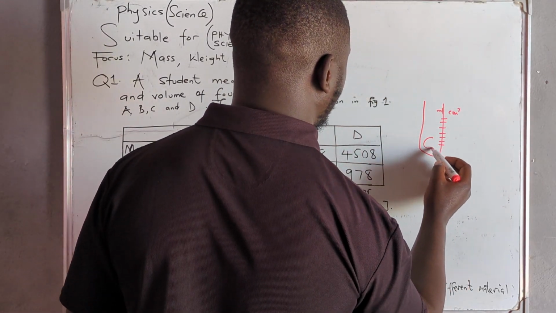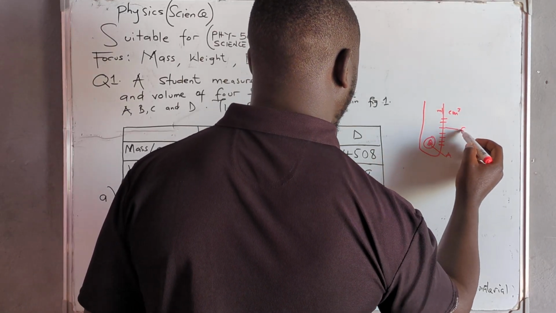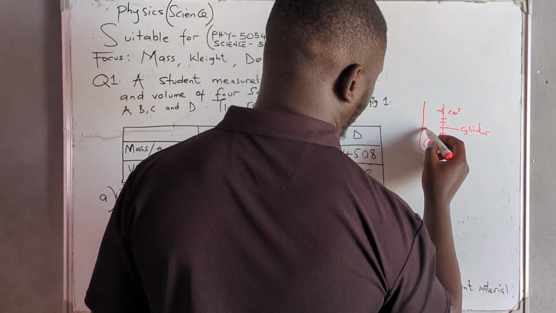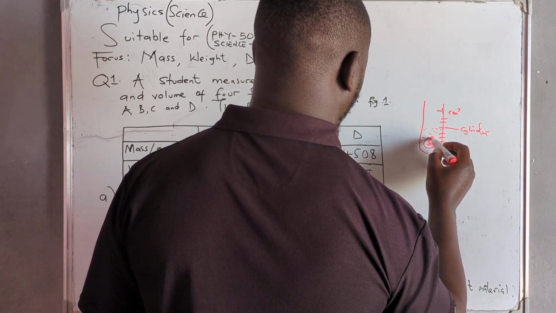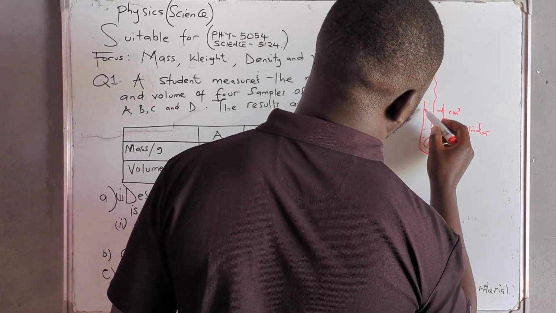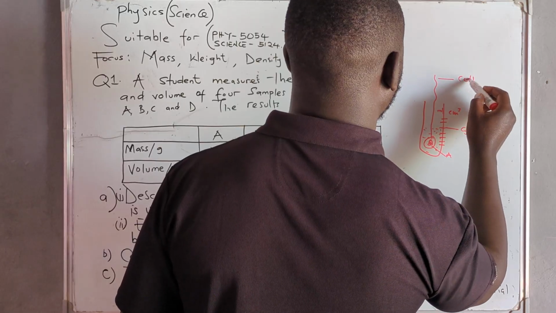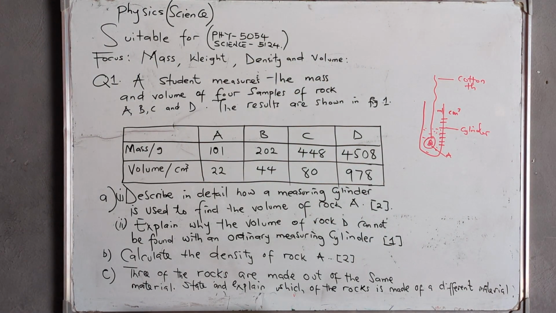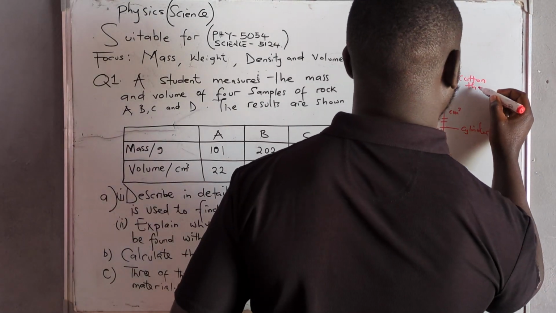Then you have a rock here, which is rock A. Then you pour a volume of water here, and the rock is tied to a cotton thread.